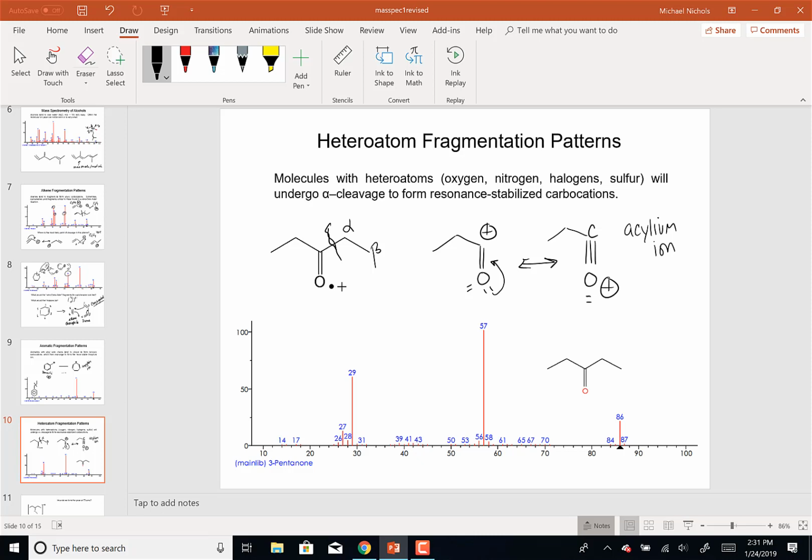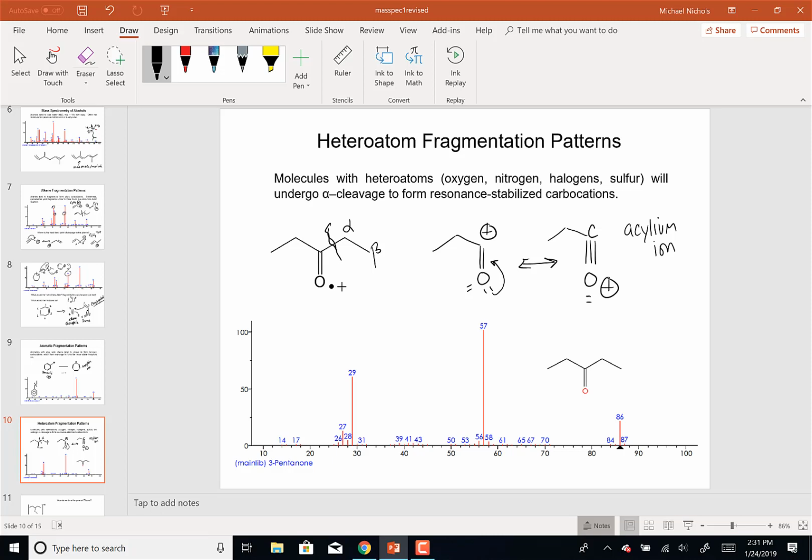Not the most stable thing, but stable, because it can form a resonance structure. I mean, the oxygen is not happy with the plus charge, but then again, the carbon's not necessarily happy with not having a full octet. So fortunately, the real structure is the resonance hybrid. So that's how we do it.